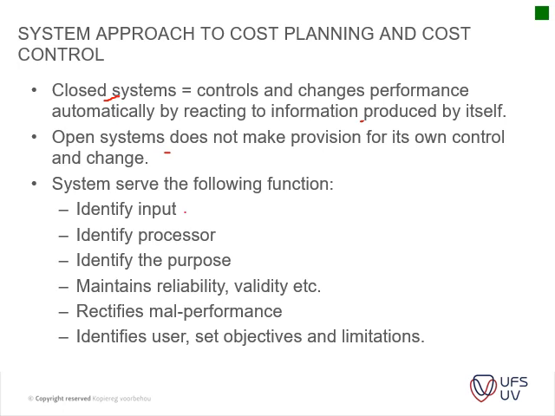It identifies the input, the predecessor, what is the purpose, and maintains reliability and validity. Is this information tangible? Because, for instance, you cannot use Cape Town rates in Bloemfontein, because the going rate is different, and the material cost would be different, etc. And then usually it rectifies malperformance.